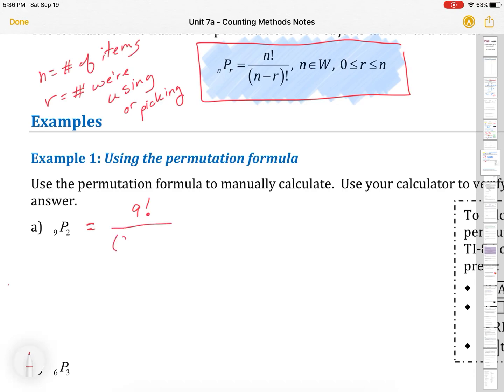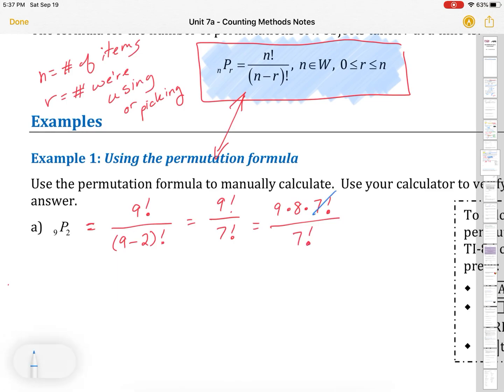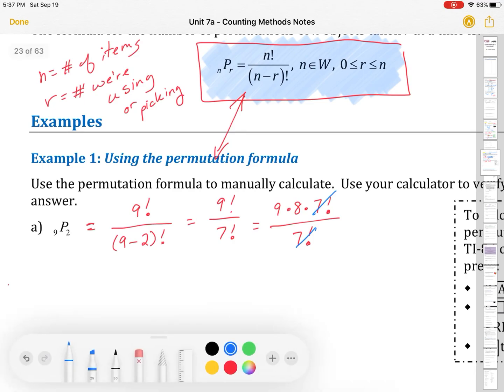So 9P2 equals, up top we have 9, all over 9 minus 2 factorial, which is the same as 9 factorial over 7 factorial. So that's like having 9 times 8 times 7 factorial all over 7 factorial.